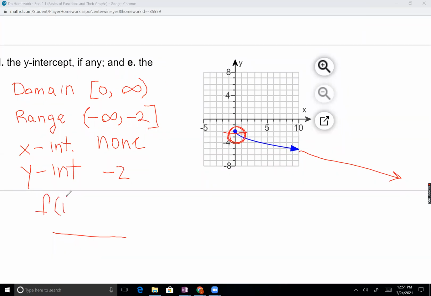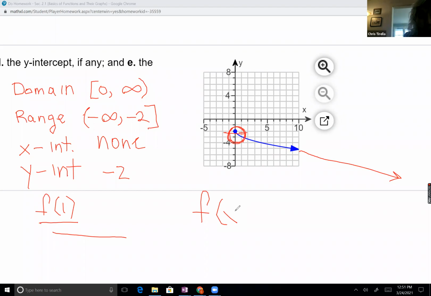How do you determine if the f is for x or y? F of x is always y. What's in the parentheses is always the x value of the point, and the function value, f of x, is always the y value. So when they're saying f of 1, they're saying when x equals 1, what's y?